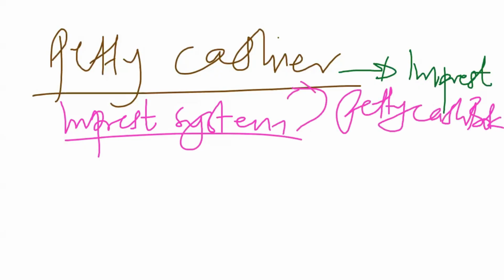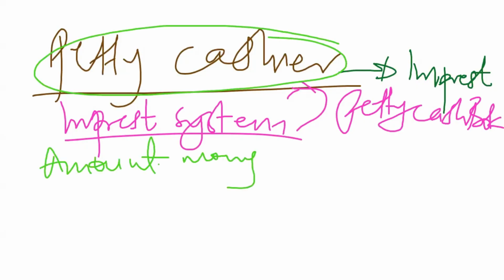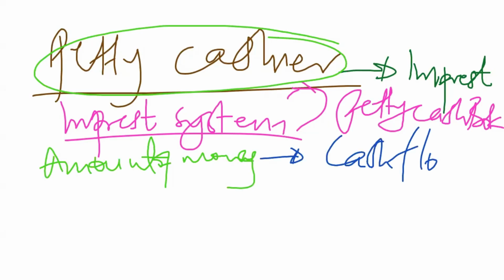Now, what the petty cash system or the imprest system does is that the petty cashier is going to be given an amount of money, and that initial amount of money that you are given as the petty cashier is what we call the cash float.